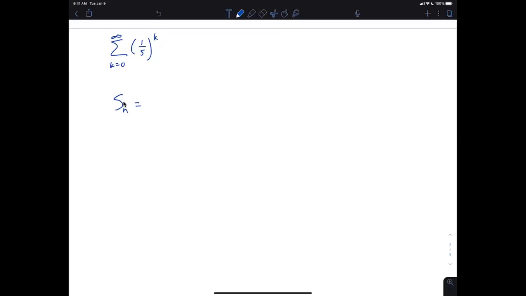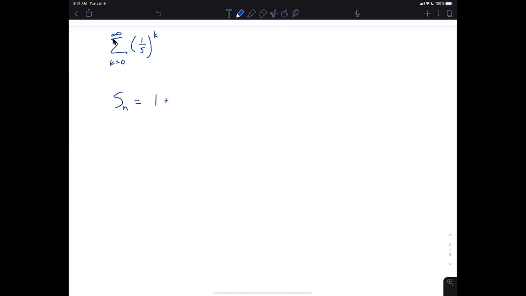Well, let's figure out what that looks like. We'll assume n is a big number like 100 or 100 billion or something bigger than that. And so we're going to go from 0 to whatever n is. If I start plugging in 0, I get 1. Then if I plug in 1, I get 1/5. I plug in 2, I get 1 over 25. I plug in 3, I get 1 over 125.